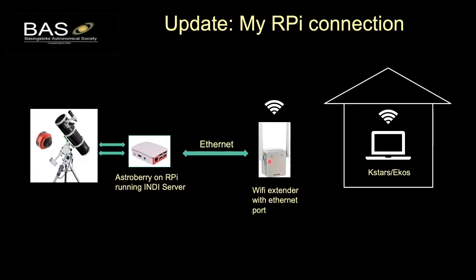I plug this in there and run an Ethernet cable. It comes with an Ethernet port. I just run the Ethernet cable, and this whole section is running off that. That means I can close my doors, windows, everything, and I can sit here happily and control this. That's my latest update. Any questions?